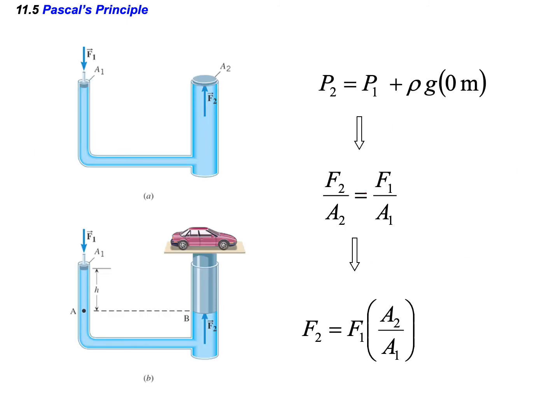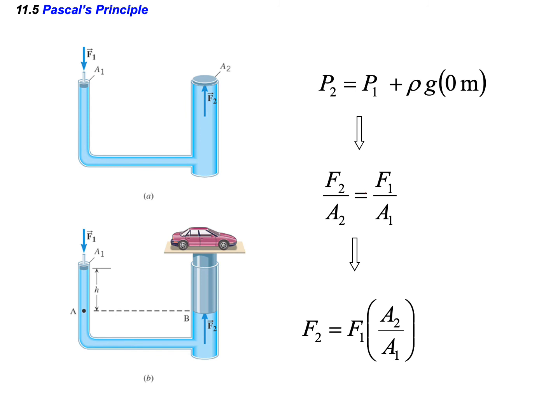Okay, I'm going to show you how to derive an equation between the forces on either side of the tube, and also how the cross-section areas of the left side and right side relate to the forces on the left side and right side.